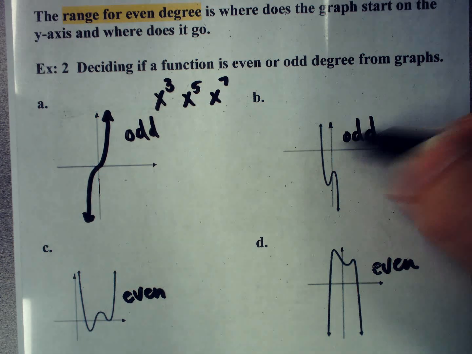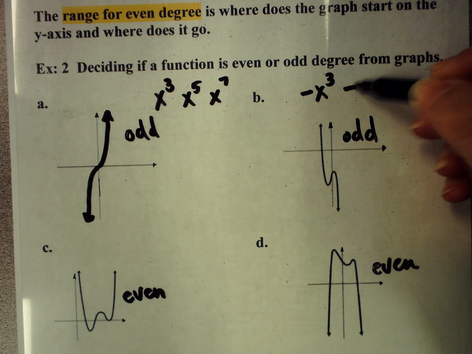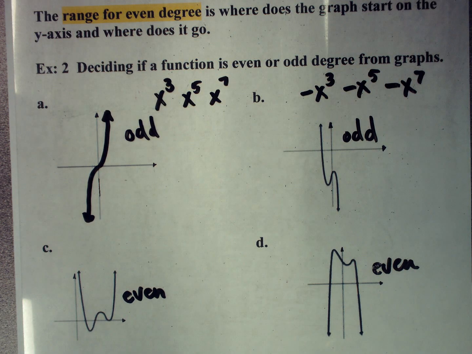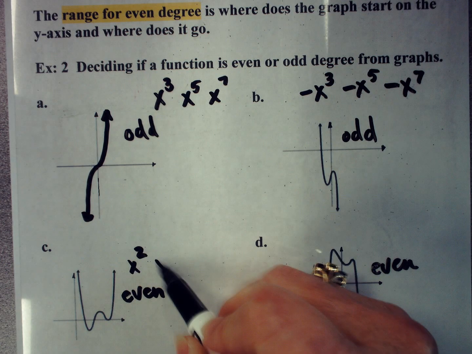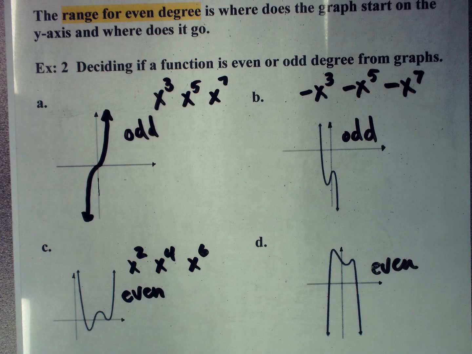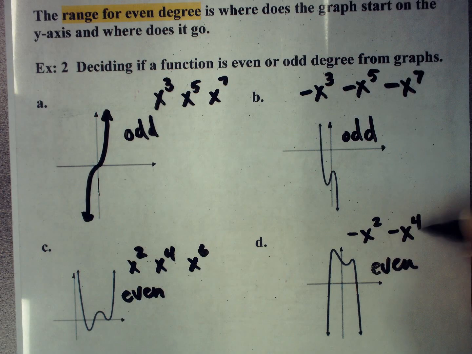If it's an odd and it's negative in front, then it's automatically going to go the opposite way. It kind of reflects over the x-axis. Okay? Same with even. Let's say you had a second power, a fourth power, or a sixth power. Both of those sides are going to go up. If it's even and they're going down, then the function is negative.